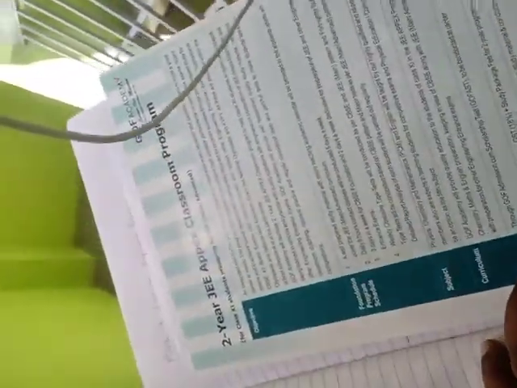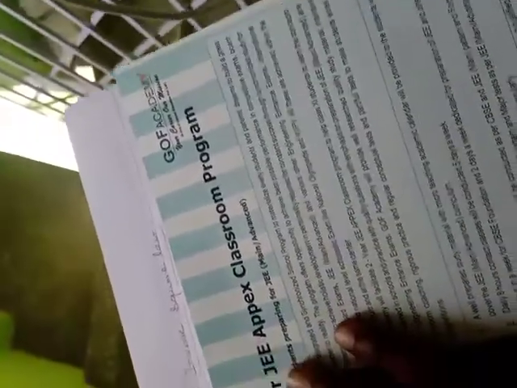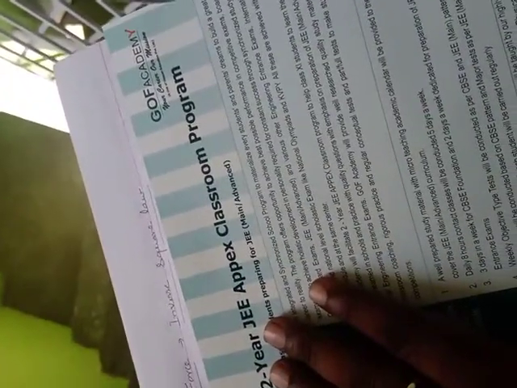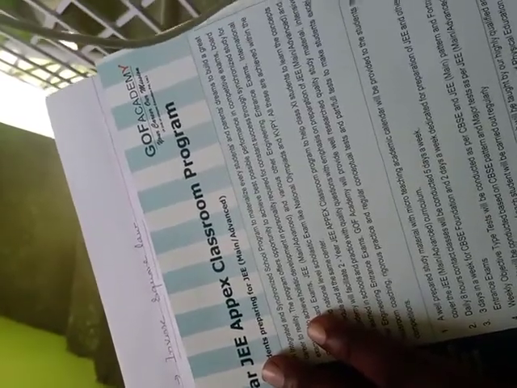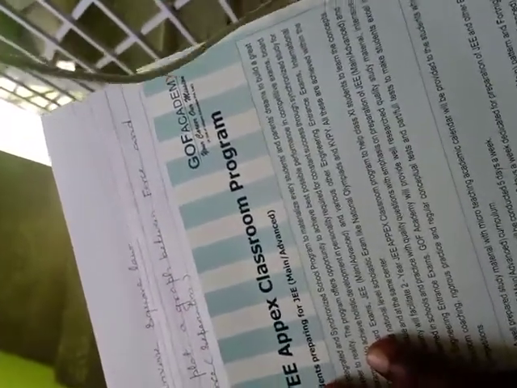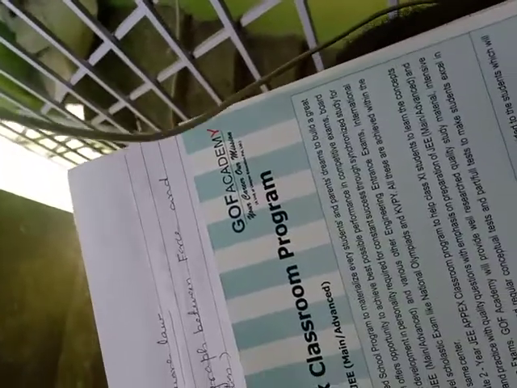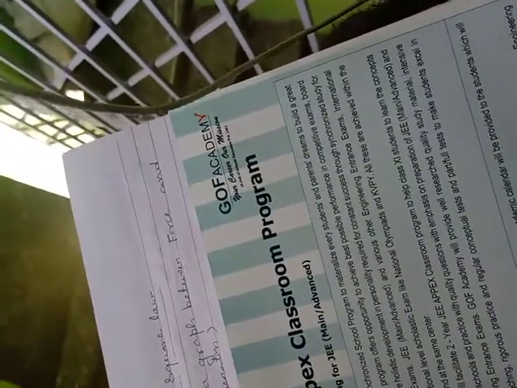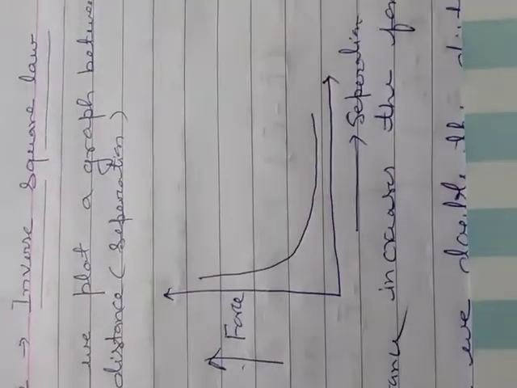One more thing I would like to discuss: the force inverse square law. This is also followed in gravitational laws. If we plot a graph between force and distance, that is separation, we obtain such a type of graph.